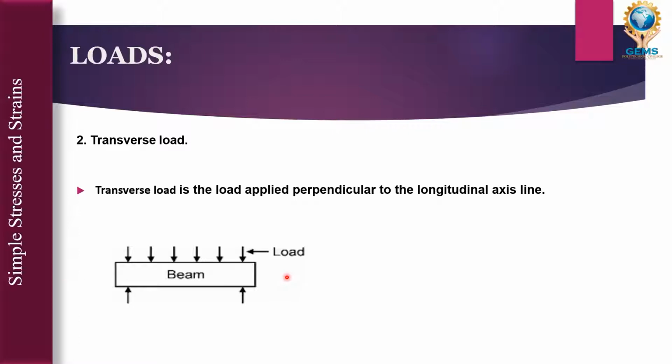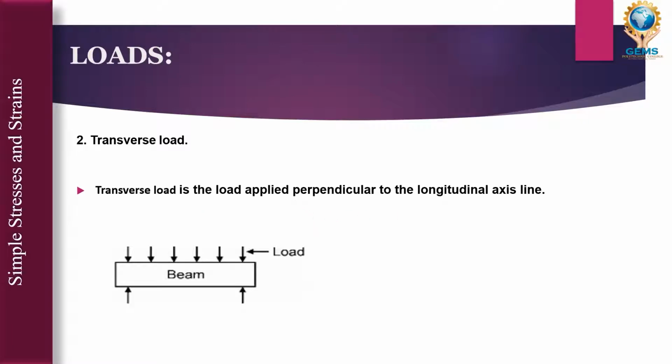Understand, this is our beam. So we are applying the load perpendicular. So the definition says like this: transverse load is the load applied perpendicular to the longitudinal axis line. Understand? This is a very simple diagram. If they ask in exam, you have to draw this diagram and write the simple definition.